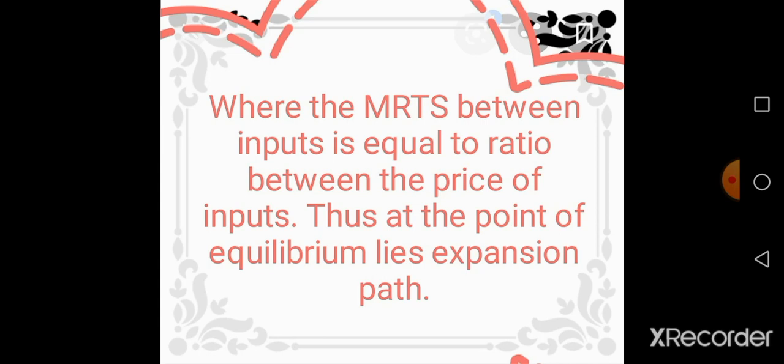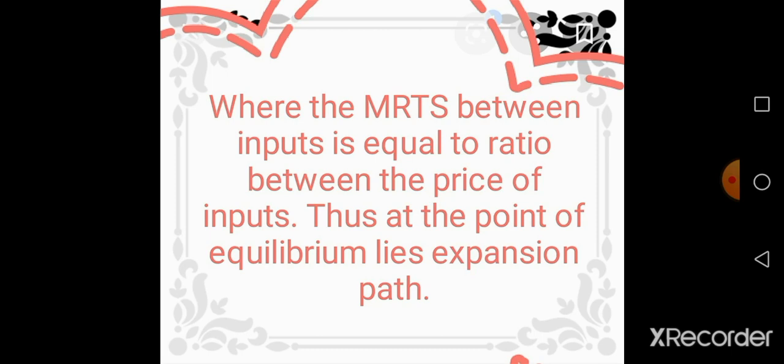If you draw a line along these points, where the isoquant touches the isocost, this line is called the expansion path or scale line.